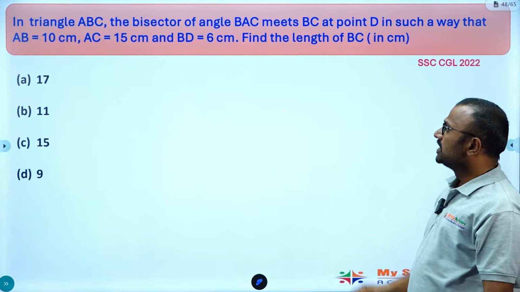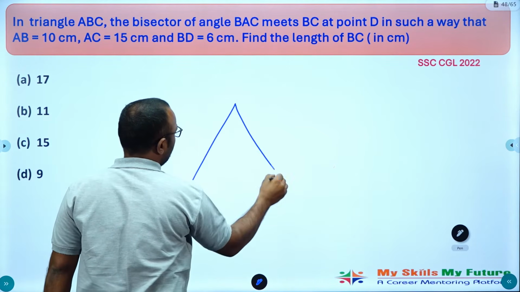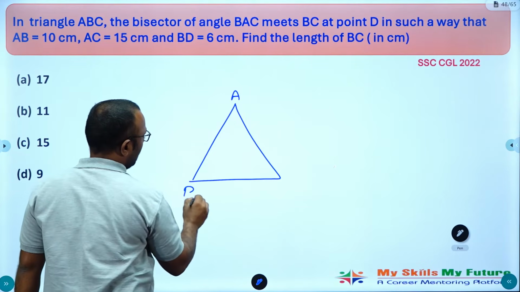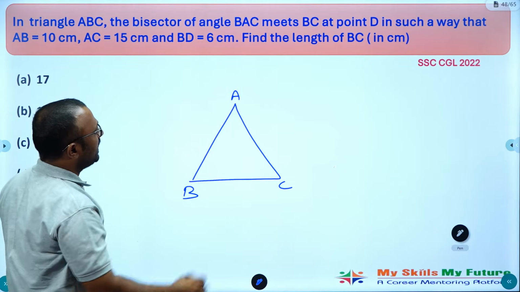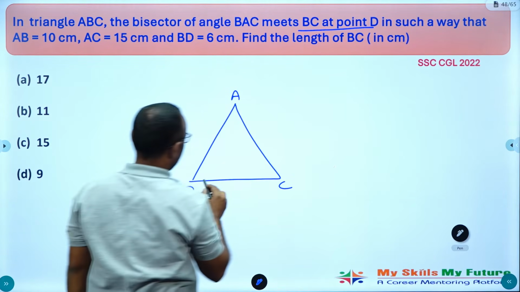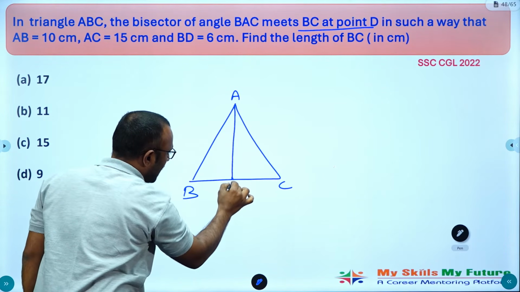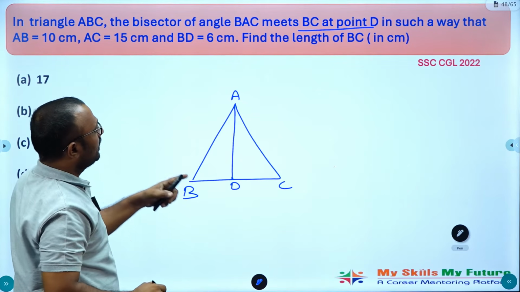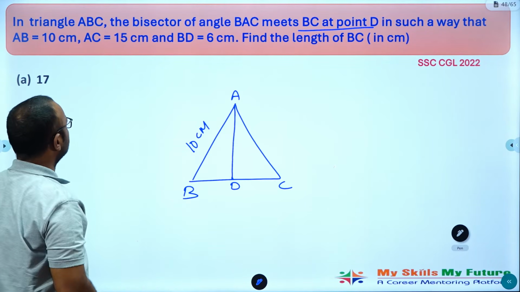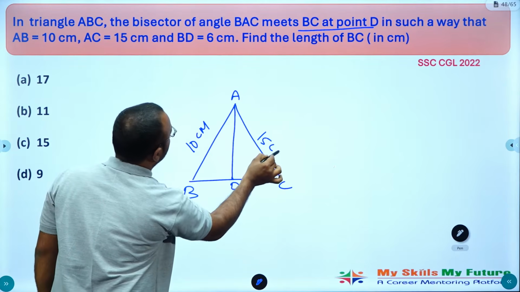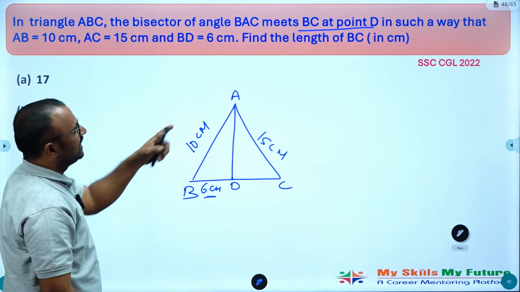Next. See the question. In triangle ABC, the bisector of angle BAC meets BC at point D, in such a way that AB is equal to 10 centimeters, AC is equal to 15 centimeters, BD is equal to 6 centimeters, and find the length of BC.